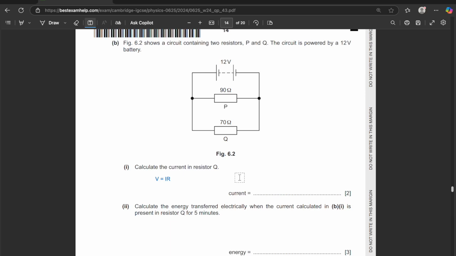So 12 by 70 is equal to 0.1714. You can round that to two significant figures, ampere. And you should also write this substitution: I is equal to 12 divided by 70.